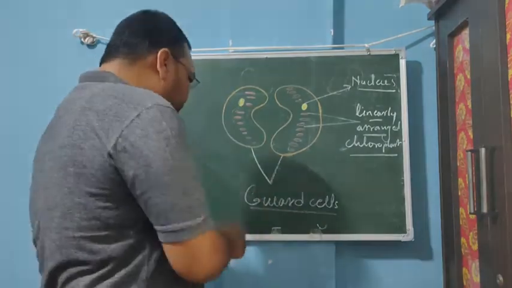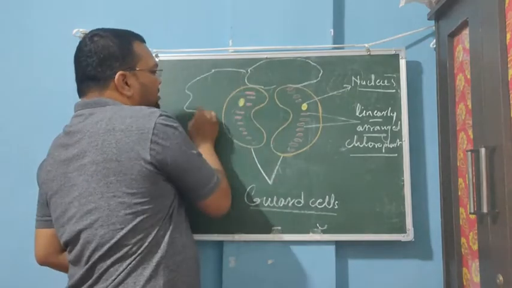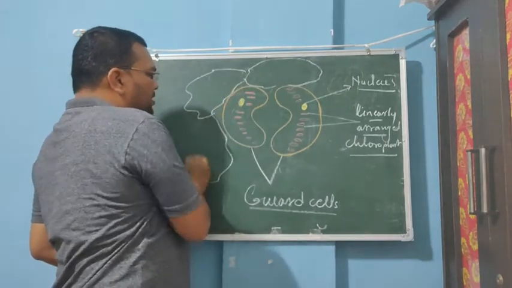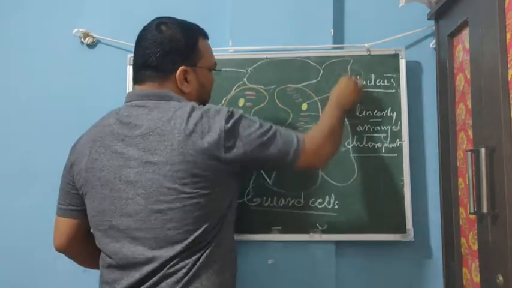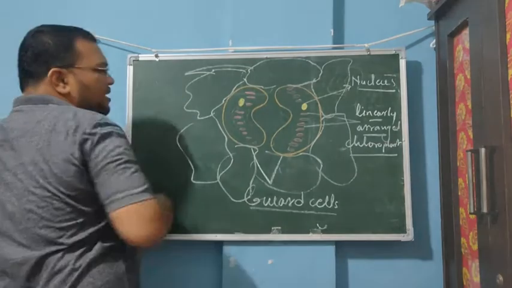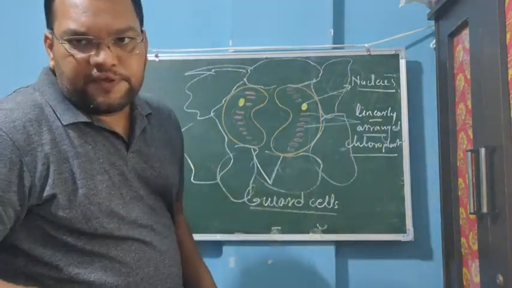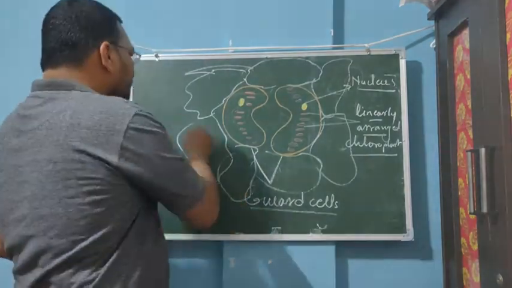And the cells which are surrounding this structure are known as subsidiary cells. They help in the opening and closing of the stomata.